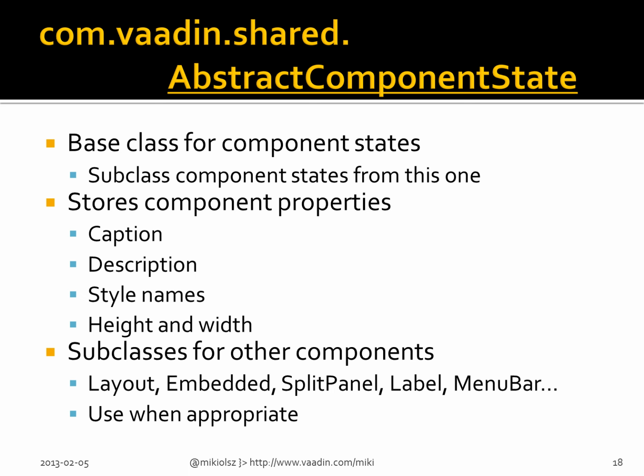The AbstractComponent does precisely that, so it handles captions and descriptions, and the AbstractComponentState is responsible for sharing this information with the client side. And of course almost every component has its own shared state. So if you are extending a particular component, then you will likely extend from that particular component state rather than the abstract state.